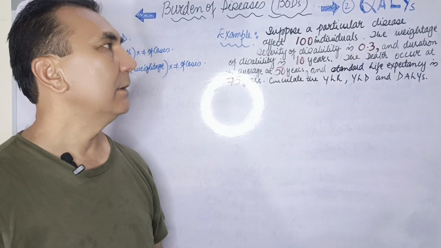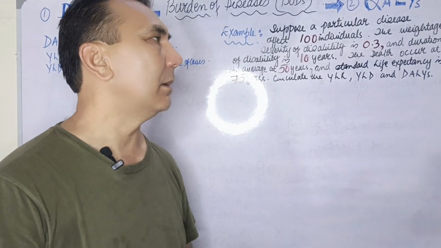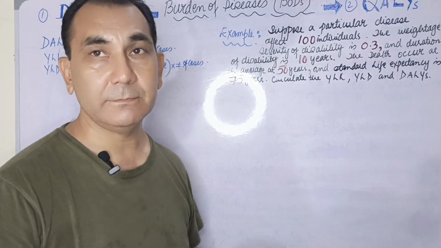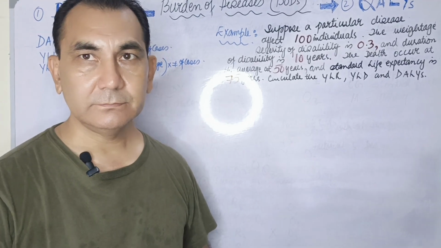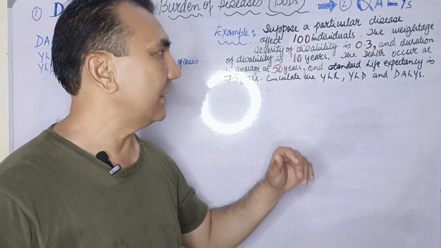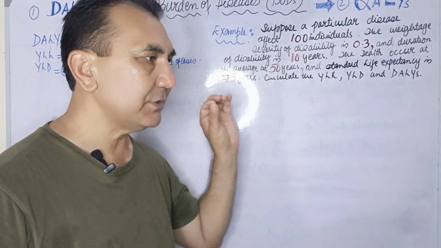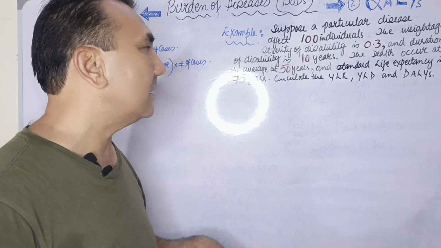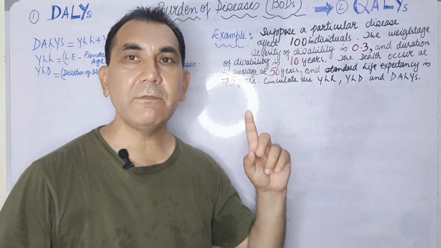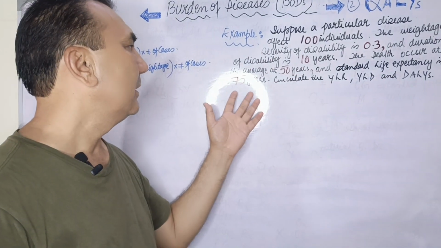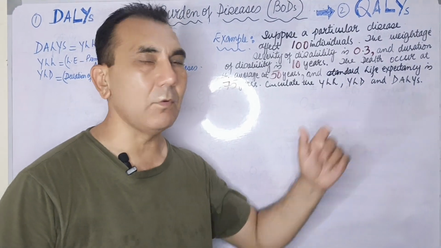The weightage of the severity of this disability is 0.3, and the duration of the disability is 10 years. The average premature death age of the 100 individuals is 50 years, and the standard life expectancy of that community is 75 years. Now we will calculate the YLL and YLD.